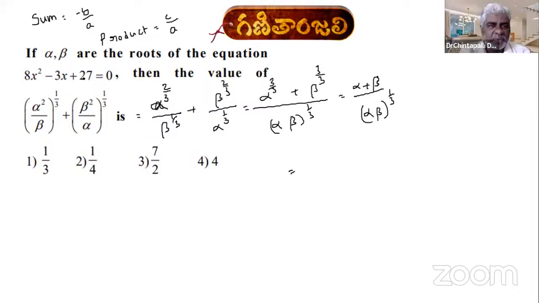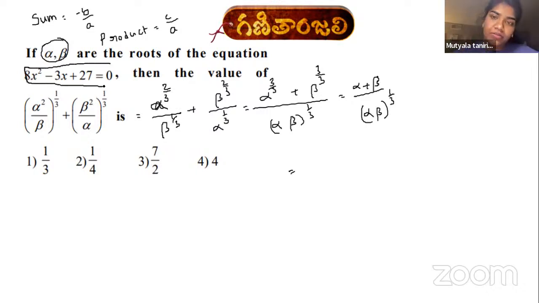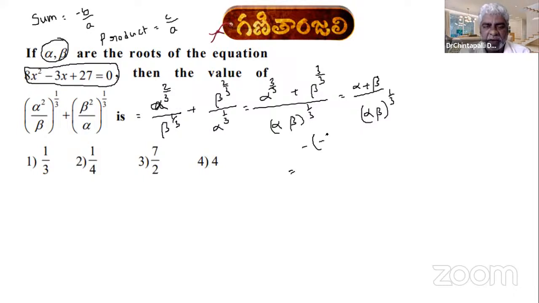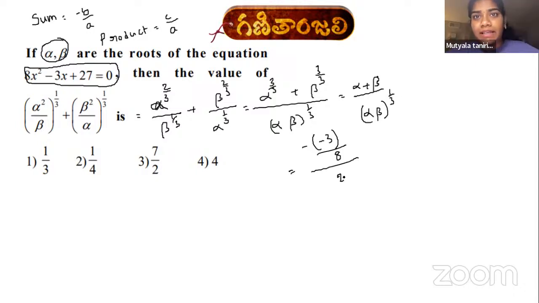Now, what is alpha plus beta? Sum of the roots of this equation: negative B over A. That means negative 3 over 8 whole by alpha beta, which is C by A. So 27 over 8 power 1 by 3. Power 1 by 3 is nothing but cube root.